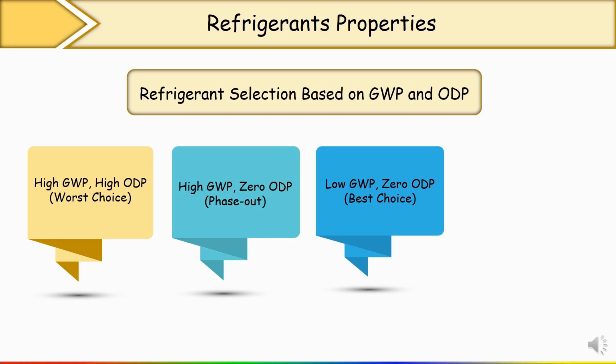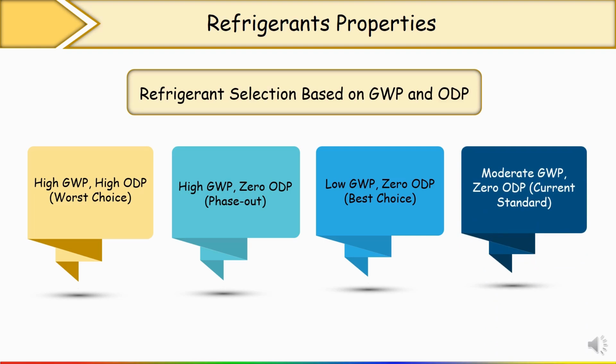This type of refrigerant has both zero ODP and extremely low global warming potential, making it the most environmentally friendly option. However, some safety concerns, for example toxicity or flammability, must be managed. So this is the best choice.